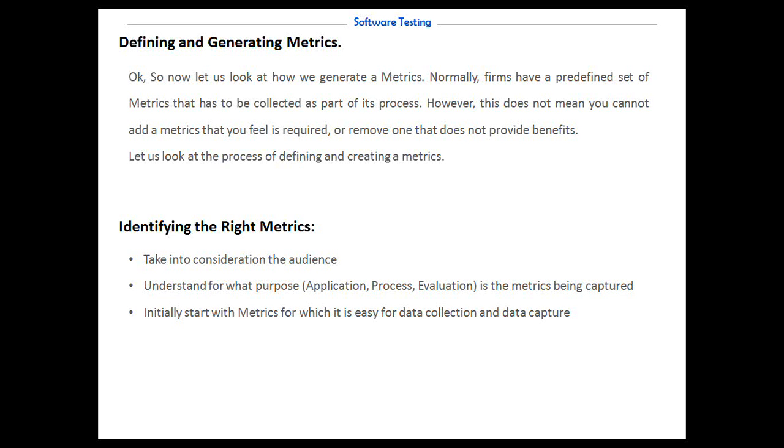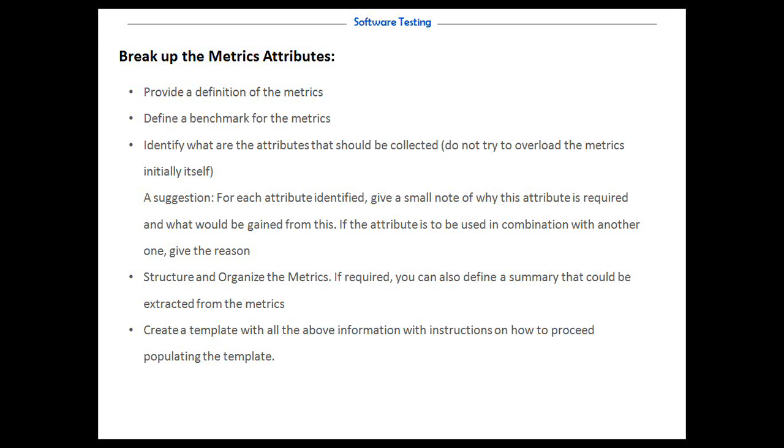Break up the metric into what all is being captured, or the metric attributes. Provide a definition of the metric. What is this metric for, and what are the benefits you will have out of it? Define a benchmark for the metric.